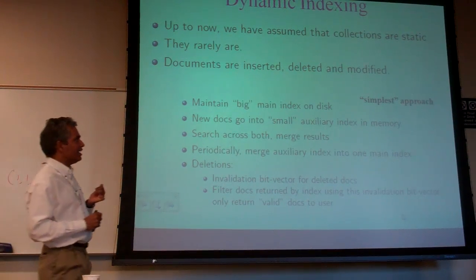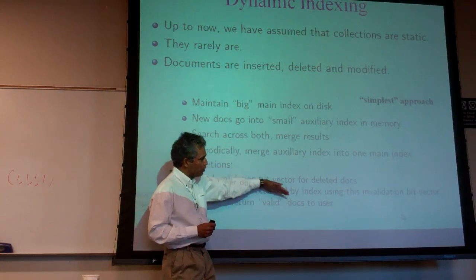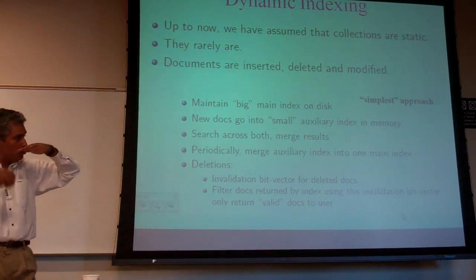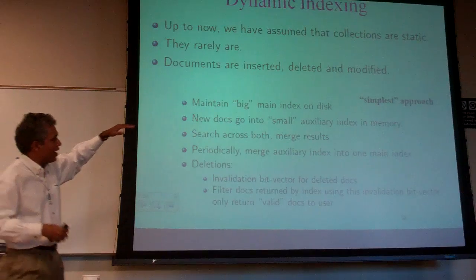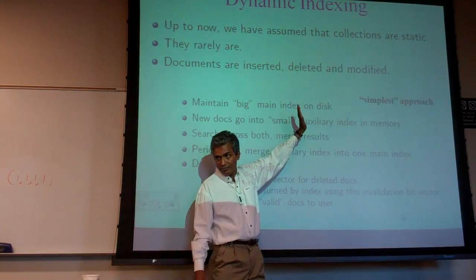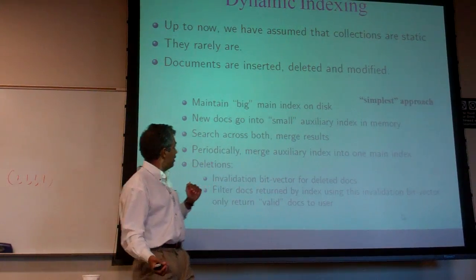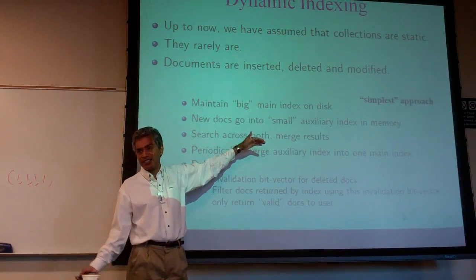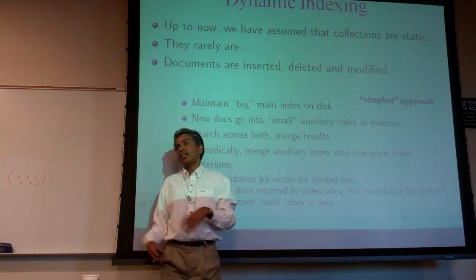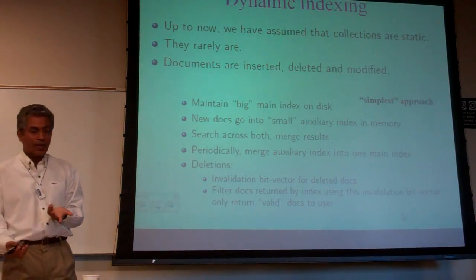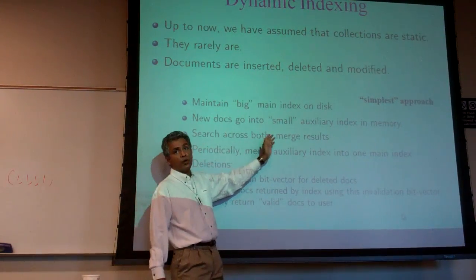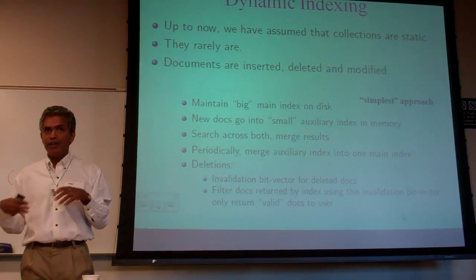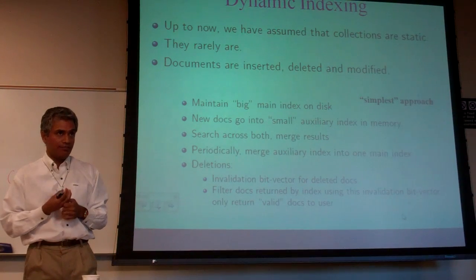The other idea is compute the index and do the following thing: you maintain a big main index, which is what you just computed, and any of the new documents that the crawler found since the past index was computed go into an auxiliary index. And then of course you have to search across both the main and the auxiliary indexes when you're doing the actual results.